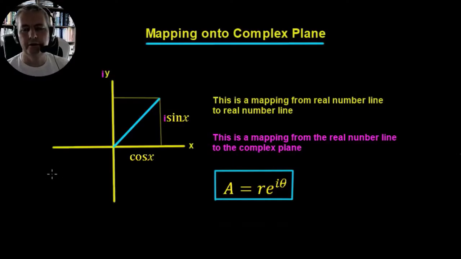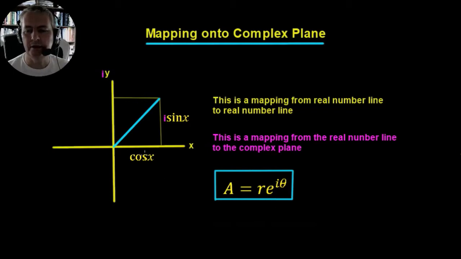Finally, here's a little addition just to make sure you don't get confused. What we were looking at there was the x-axis, which was a real number line, and the y-axis, which was an imaginary number line, so it was actually iy.